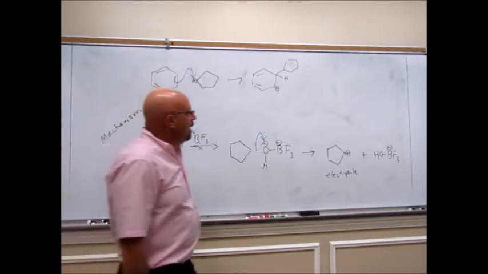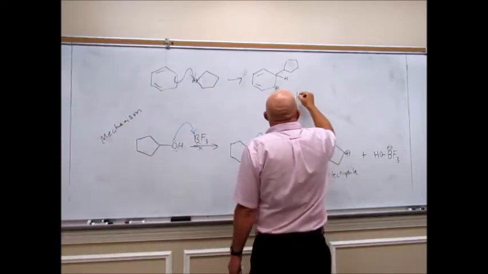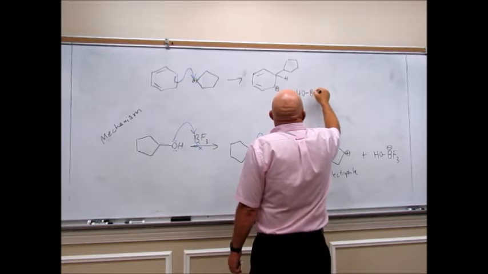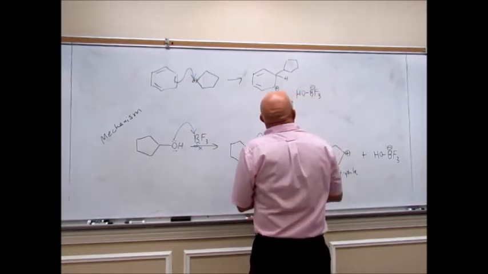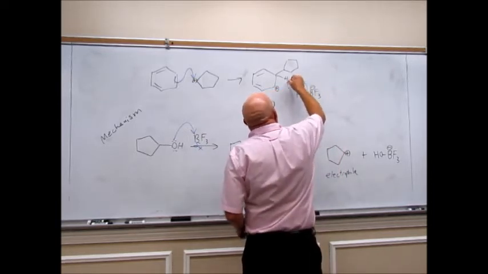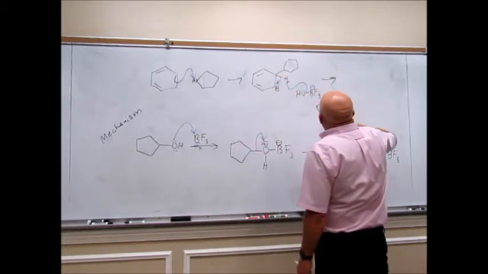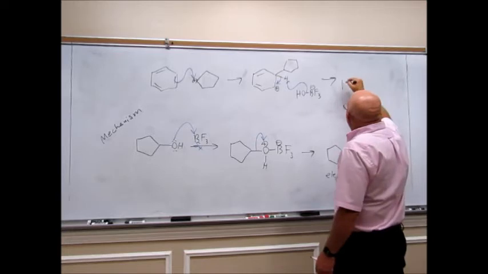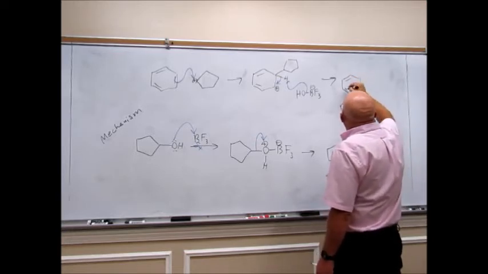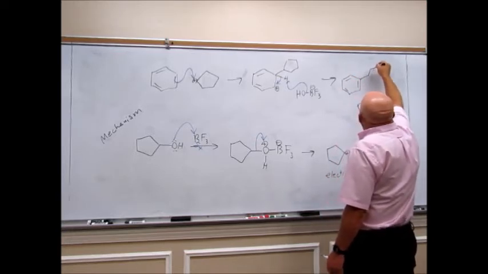We need to get our catalyst back. We also need to get our aromatic ring back. So we're going to take the OH off to come and grab the hydrogen. Electrons kick toward the plus charge. And that gives you the product and the water as a byproduct. And we get our catalyst back.